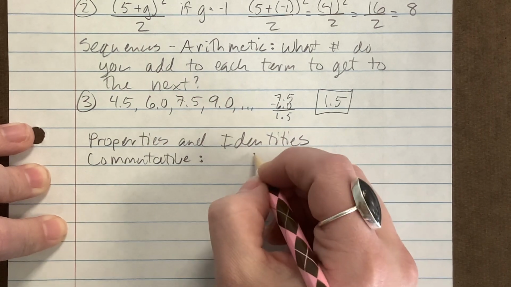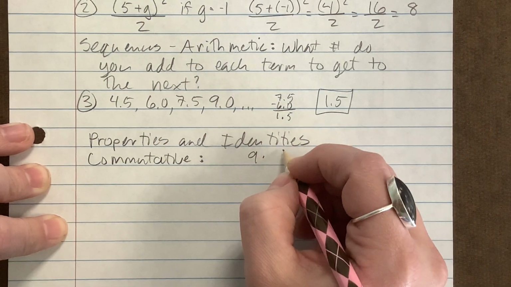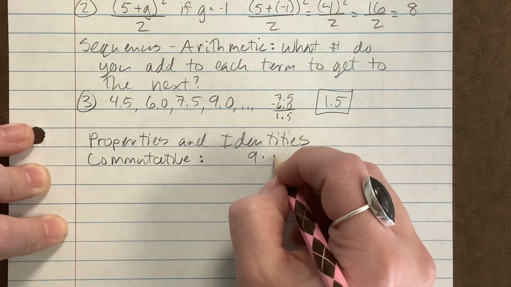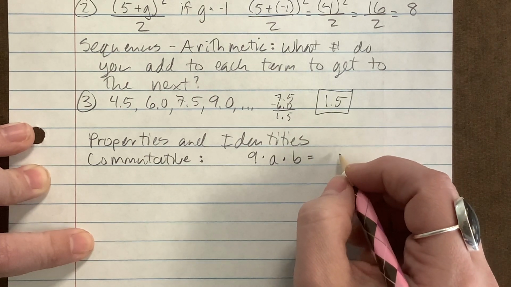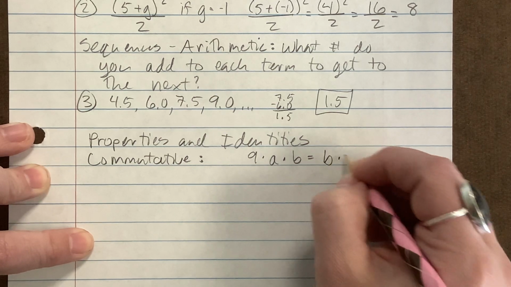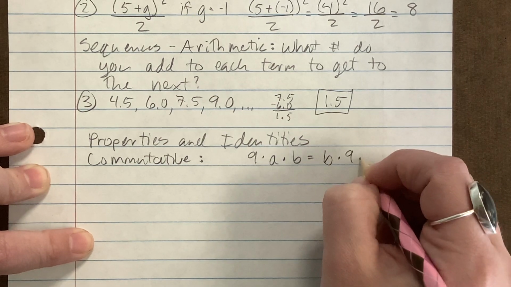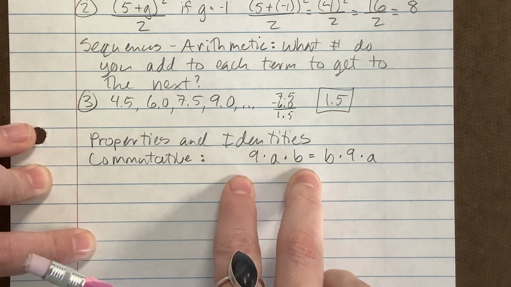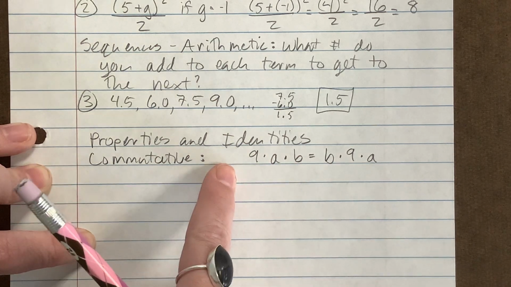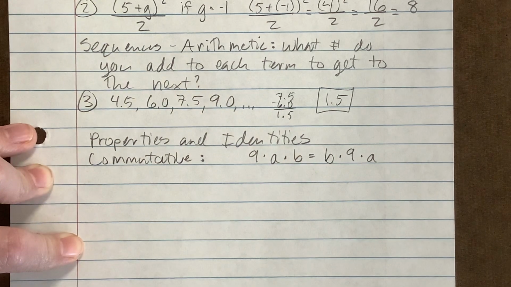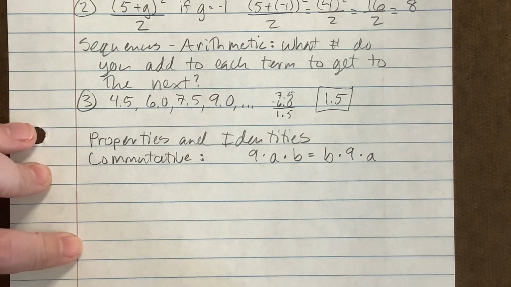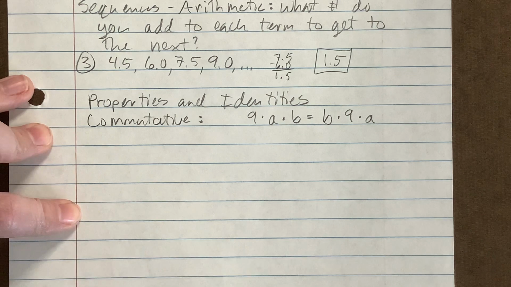So for example, we can have 9 times A times B, and it's the same thing as B times 9 times A. See how the B kind of jumped over to be in front? Commutative property says that that's going to get us the same answer no matter which way we do that.